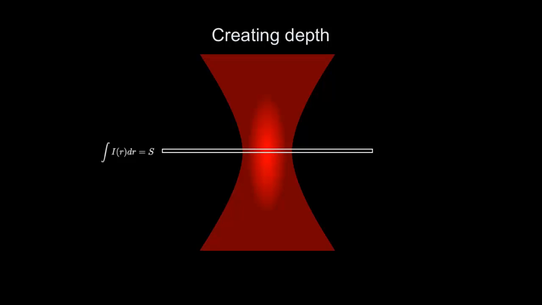Now what you should know is if I take a plane through, let's say, the focal plane, and at each location I look at how much intensity there is, and integrate in this plane, I find a total intensity of S. So it's the total light intensity that travels through this plane.